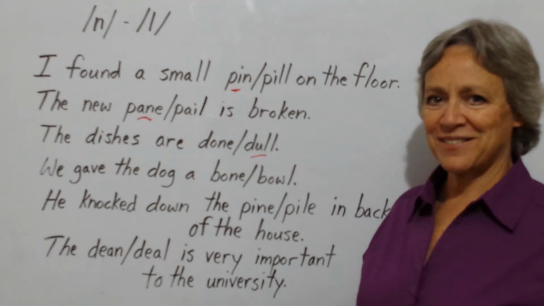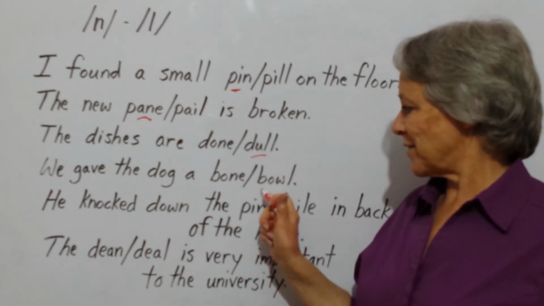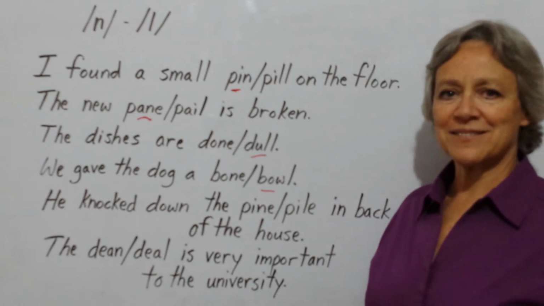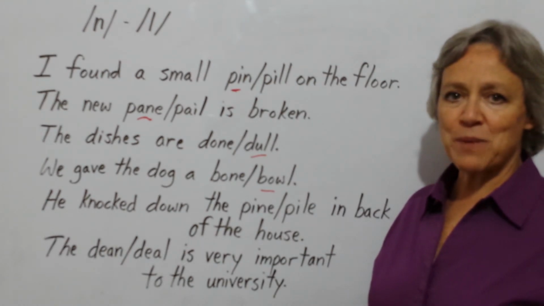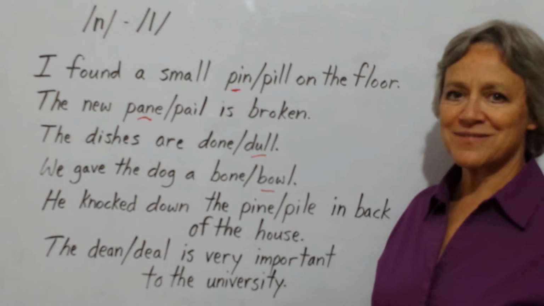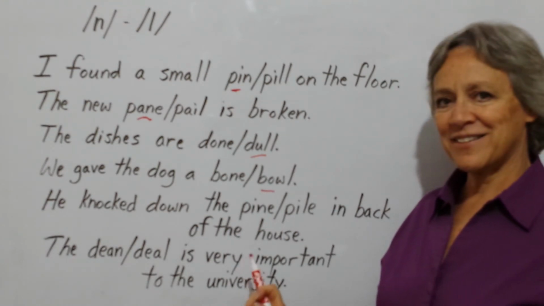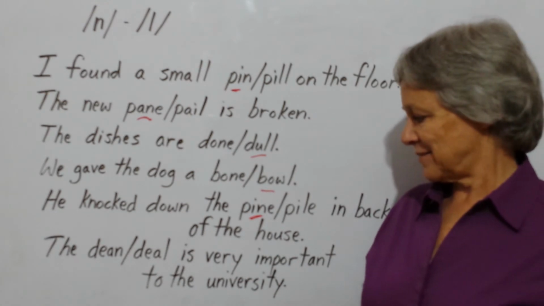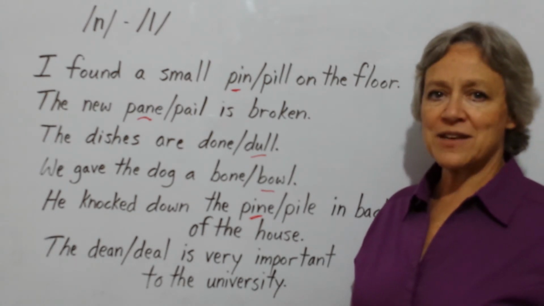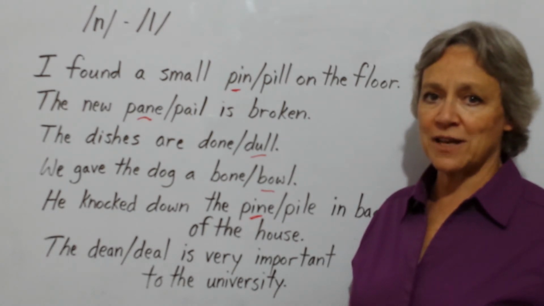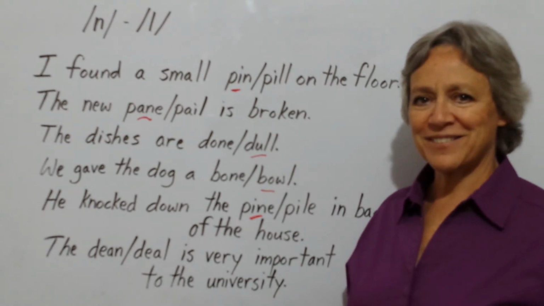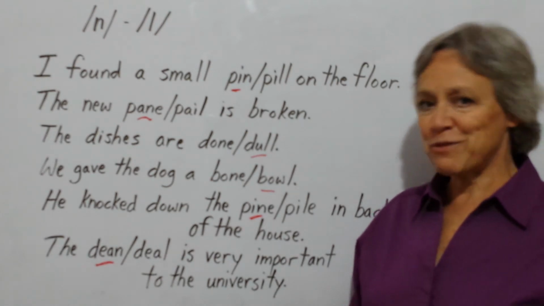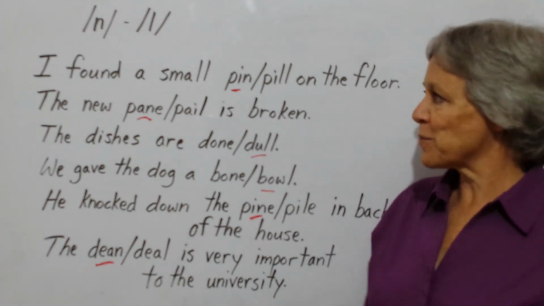Okay, which one? Bowl. He knocked down the pine in back of the house. Which one? Pine. The dean is very important to the university. Which one? Dean. Okay, now let me read the sentences with the answers.